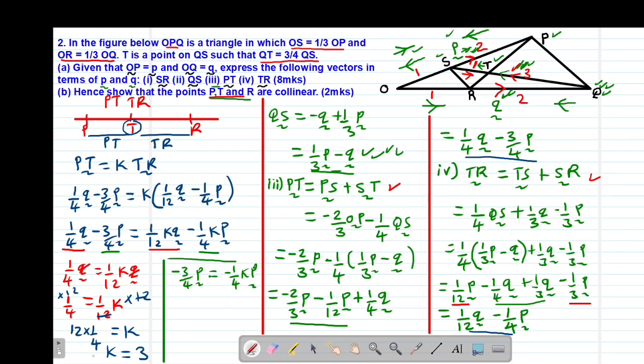So of course the p and p will cancel out, so that I'm going to remain with negative 3 over 4 equal to negative a quarter k.